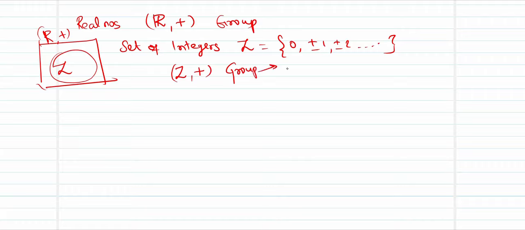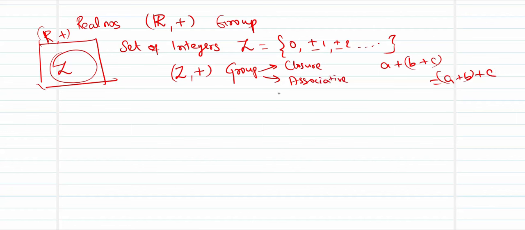which means it satisfies closure. It satisfies the associative law, that is, adding any three elements in any order gives the same result, so the associative law is true.